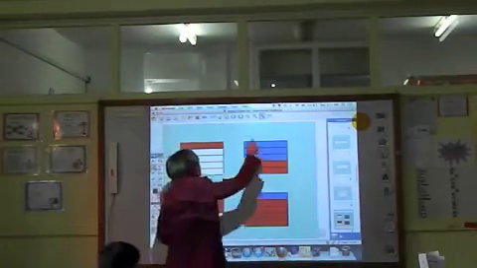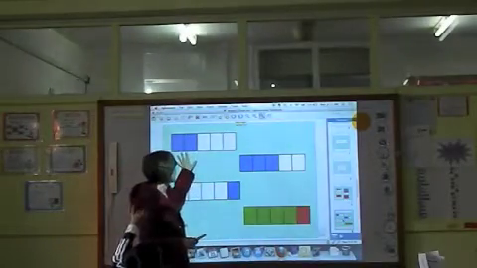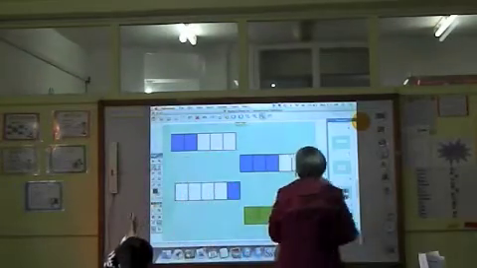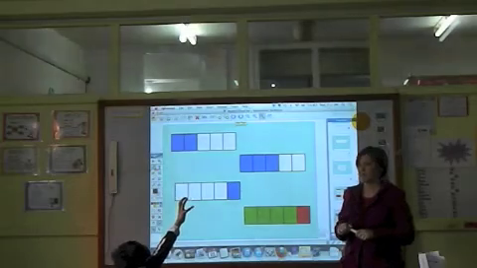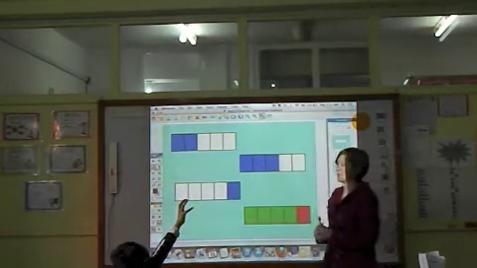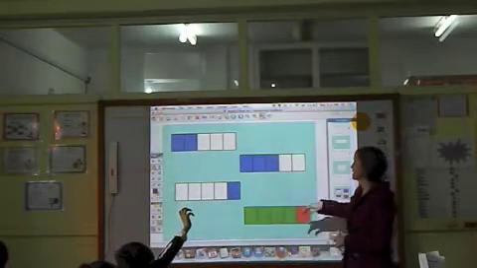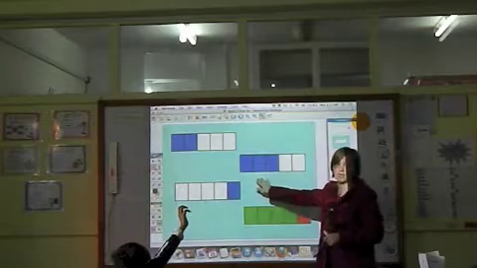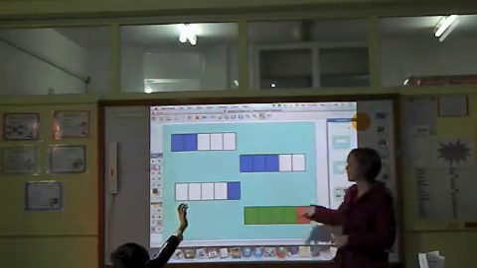4/5. Very good. Now we're going to look at some with a different shape. Okay, this top one, as you can see over my head, what portion is shaded blue in the top left? 2/5. Yes. Okay, what portion of this one is shaded blue? Sarah. 3/5.